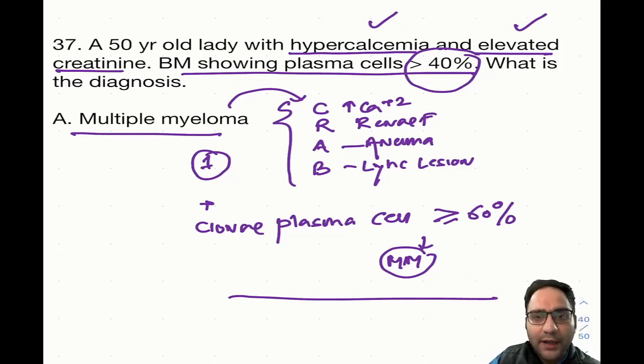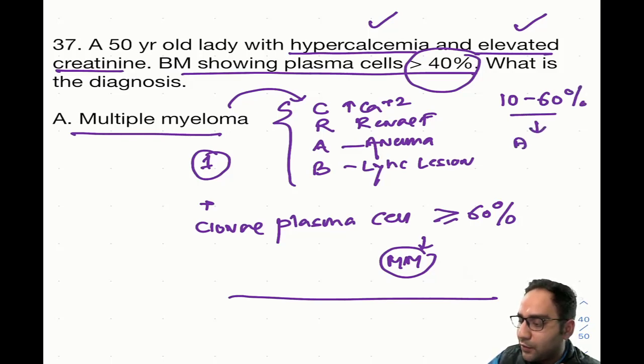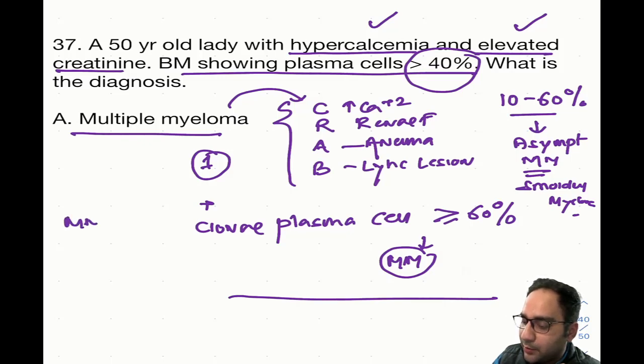Now, I'll show you a table from Harrison where they have the diagnostic criteria of different plasma cell disorders. The number 10 to 60% is basically reserved for asymptomatic multiple myeloma, also known as smoldering myeloma, right? And to call it a multiple myeloma, you need to have a clonal proliferation of more than 60%.